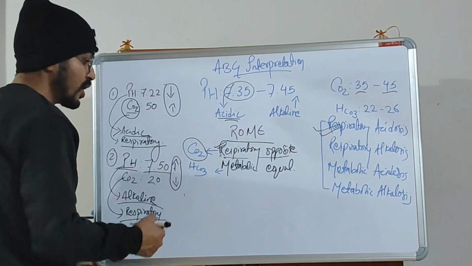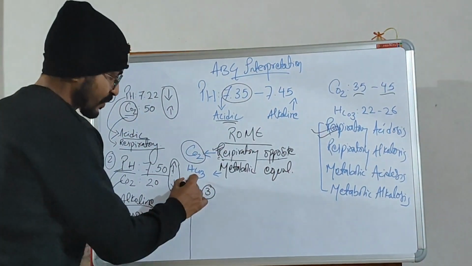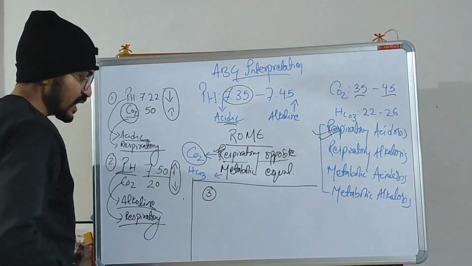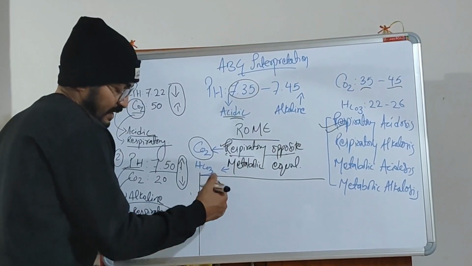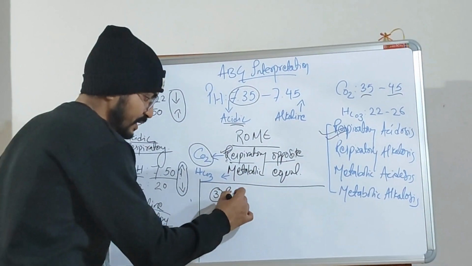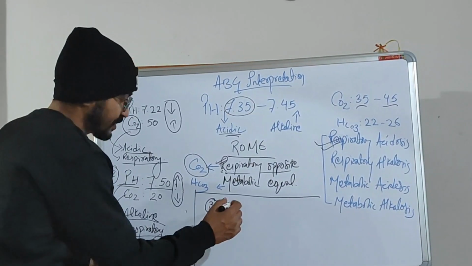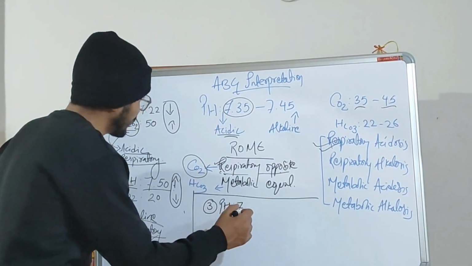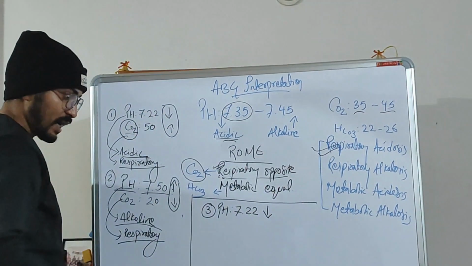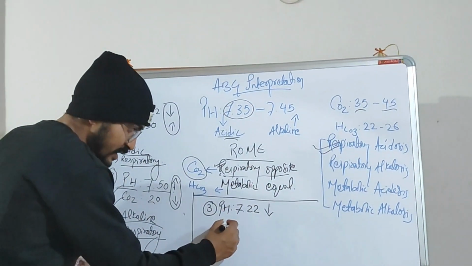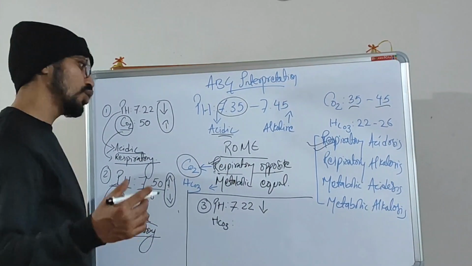Next we'll see metabolic. Example 3, which is related to metabolic. So whenever we talk about metabolic, let's take an example with the same value. If the pH goes below 7.35, which means 7.22, which is going downward, then look at your bicarbonate, which is HCO3.